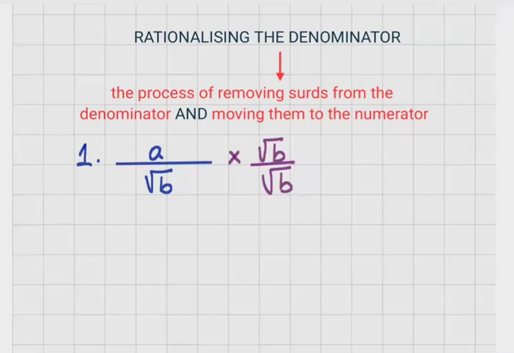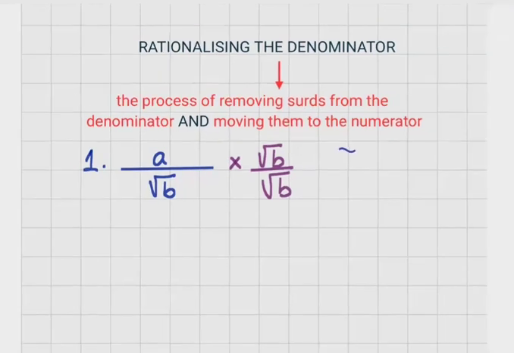When you're multiplying fractions, remember you multiply the numerator by the numerator, the denominator by the denominator. So let's have a go at it. Multiplying the numerators, I have a multiplied by root b, which returns a root b, over.